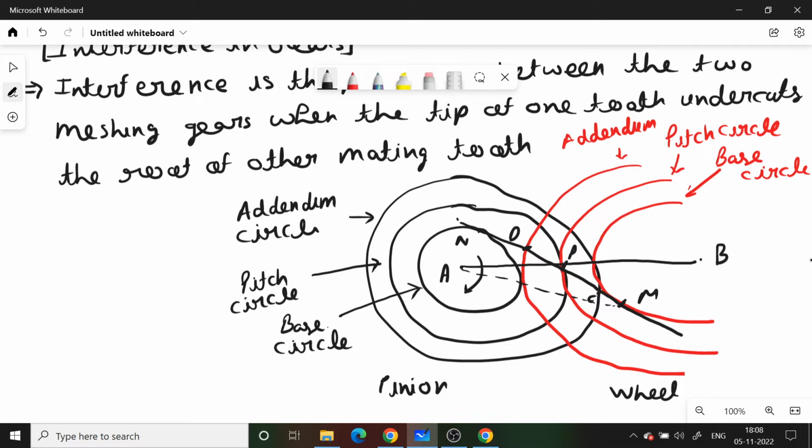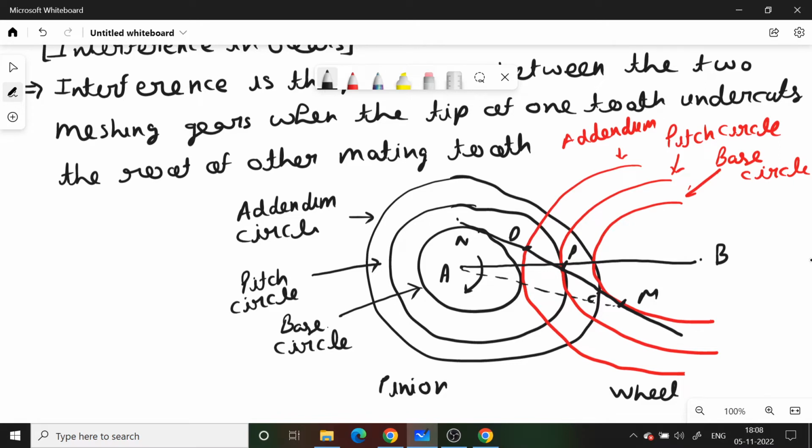Since an involute can exist only outside the base circle, any profile of teeth inside the base circle will be of non-involute type.